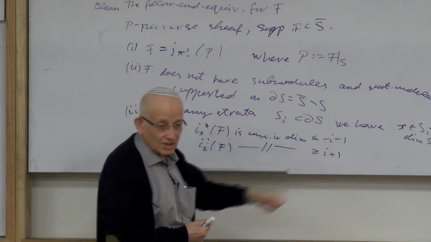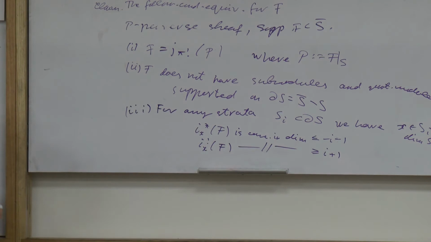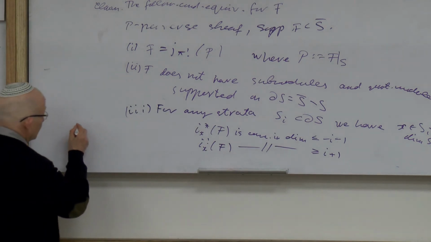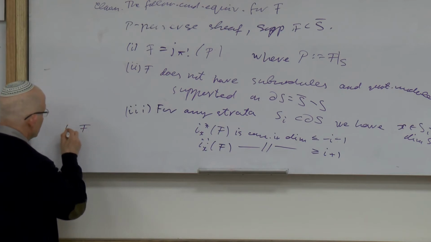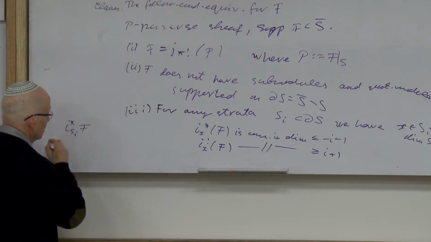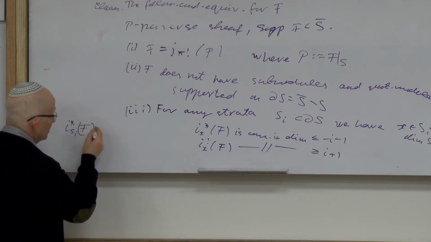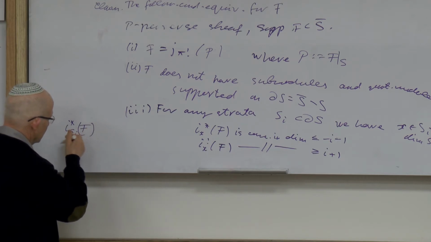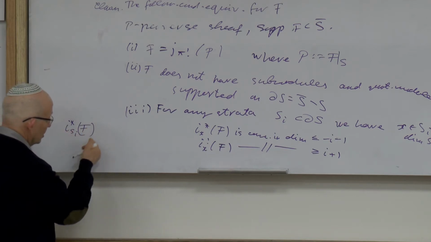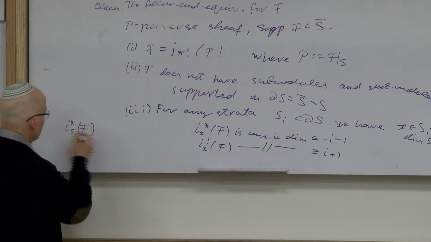It means that it's exactly equal to i, and then we consider this tau, we consider f restricted to this stratum, i restricted, i star of f. It has a component in dimension i, so let's denote this h_i.